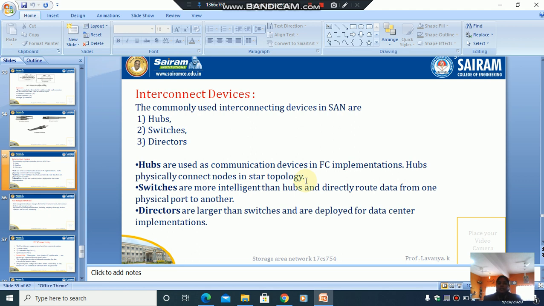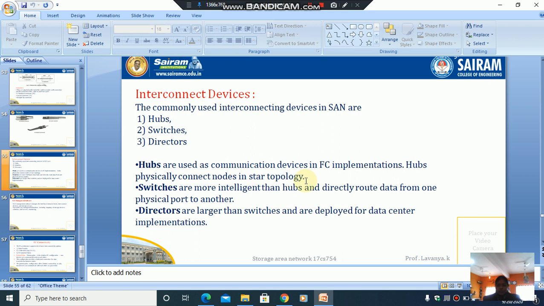The second method is switches. A switch is also an interconnecting device, a more efficient and more intelligent device than hubs. Why? Because the data can be sent directly from one physical port to another port.